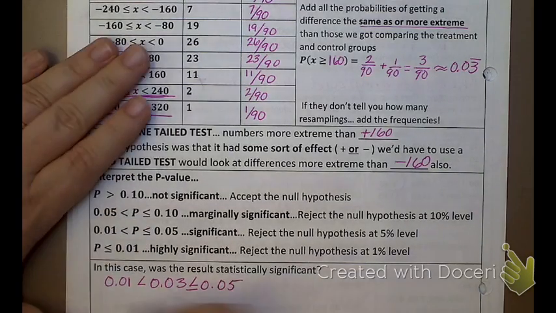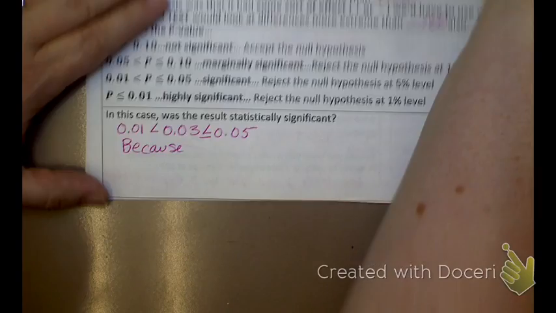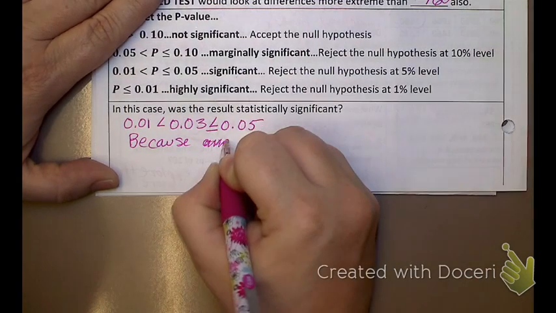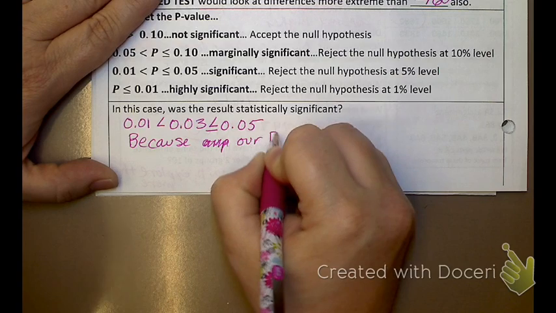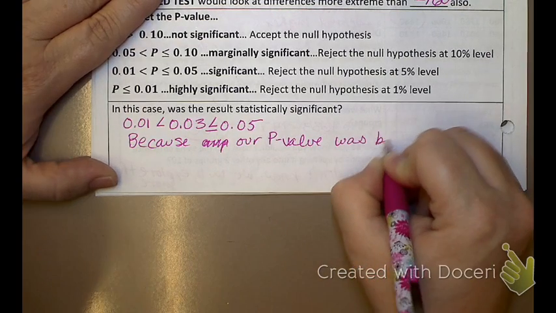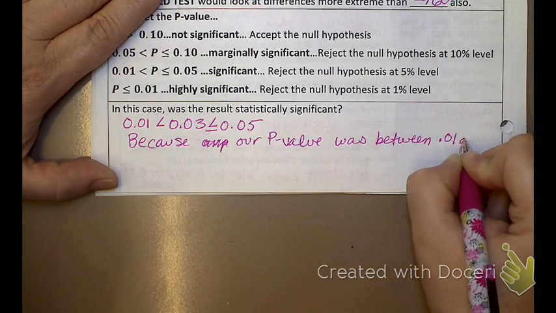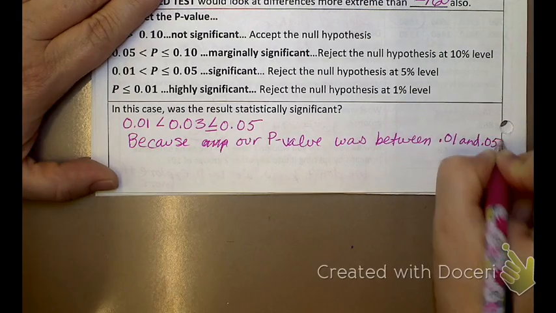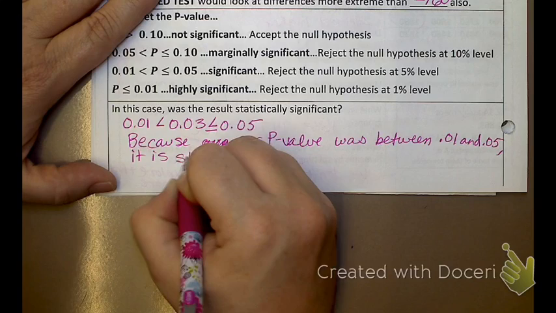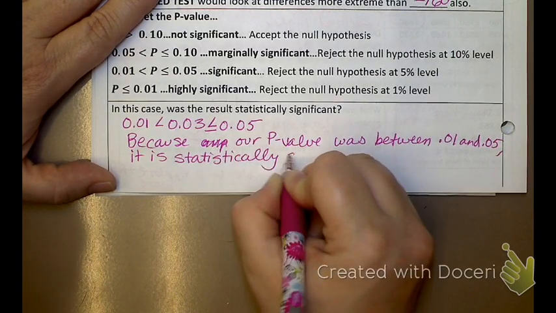So because our p-value was between 0.01 and 0.05, it is statistically significant.